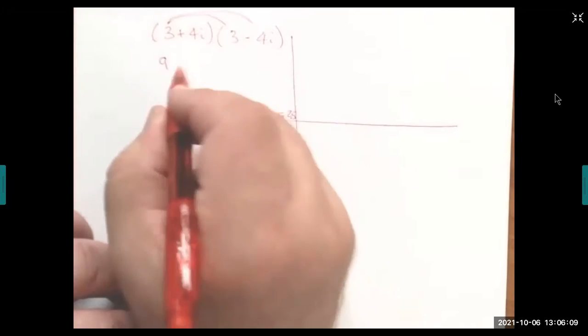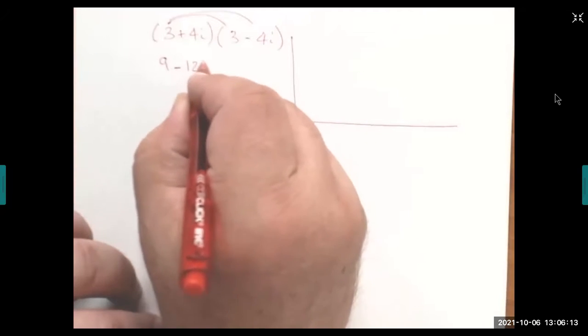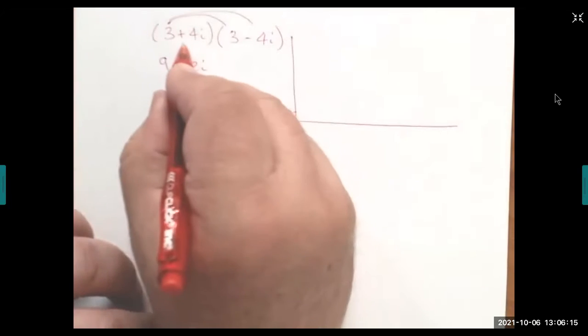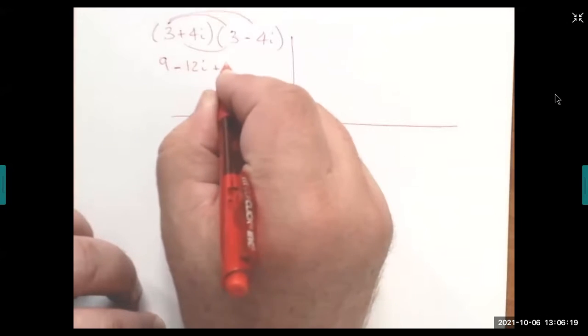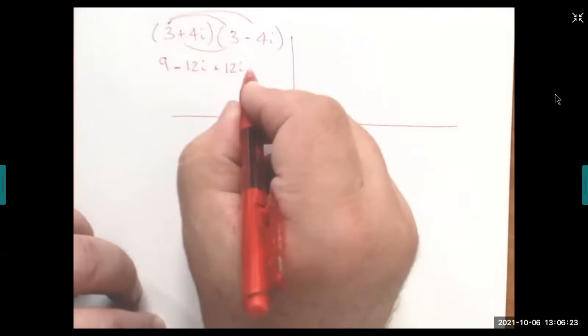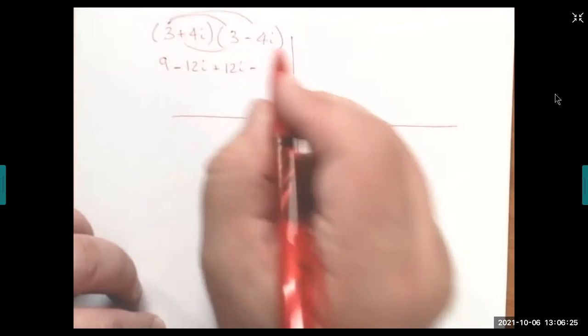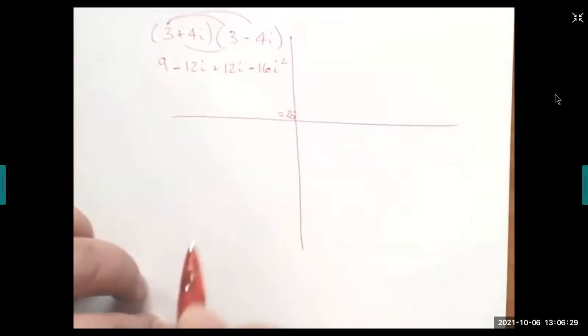Positive times negative is negative. 3 times 4 is 12i. Positive times positive is positive. 4 times 3 is 12i. Positive times negative is negative. 4 times 4 is 16i squared.